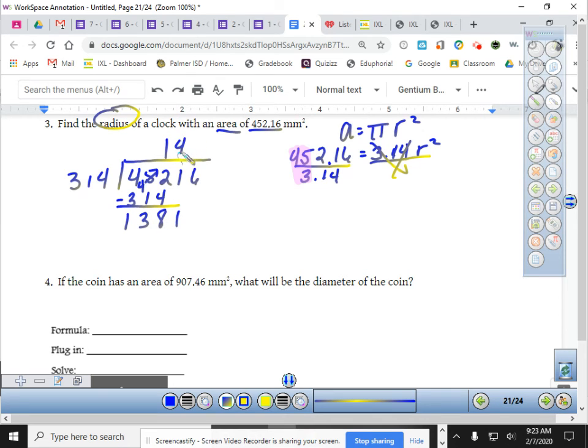Yeah, I did. That's a 6. 5. That's a 12. I subtract here. I think you get 125. And you're gonna bring down that 6. What goes here? 4.